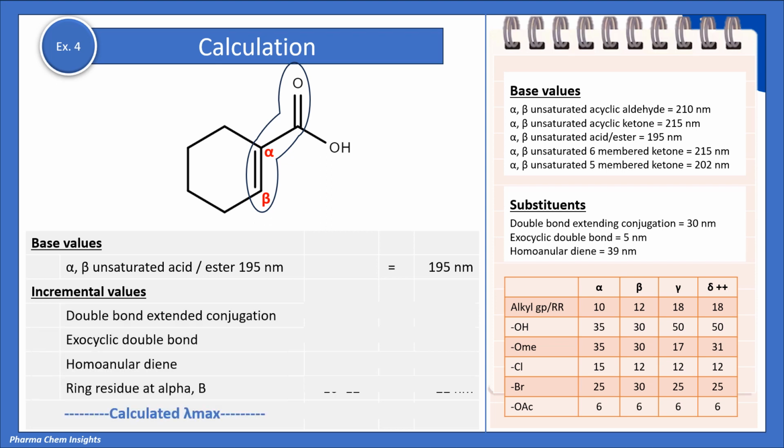No double bond extending conjugation, no exocyclic double bond, no homoannular diene. We have only ring residue. There are two ring residues, one at alpha position, one at beta position. So we have increment of 10 plus 12 nanometer, that is 22 nanometer. So we have lambda max, that is absorption maxima of 217 nanometer.